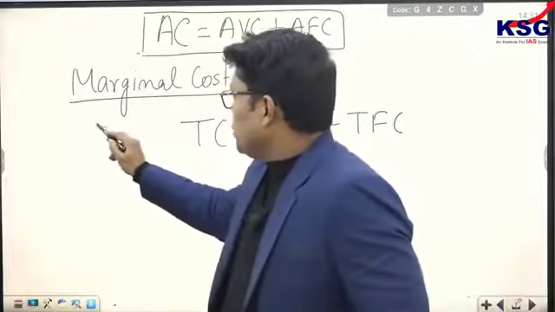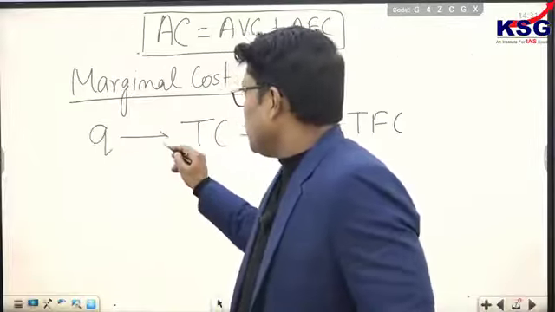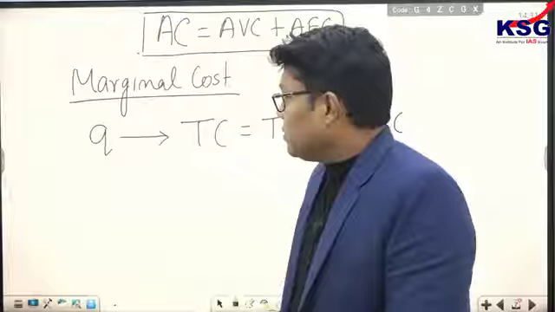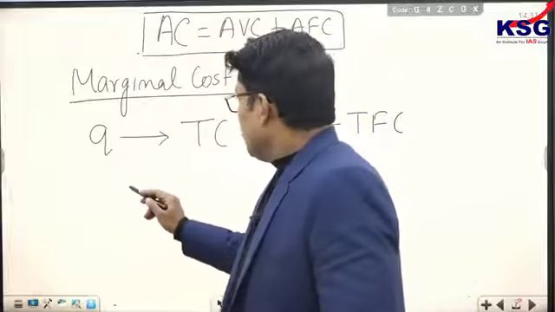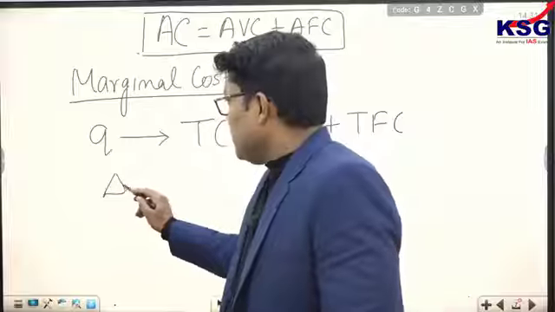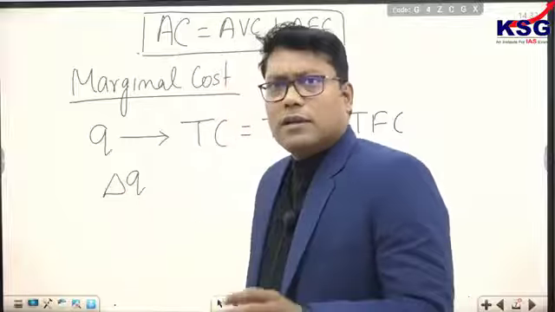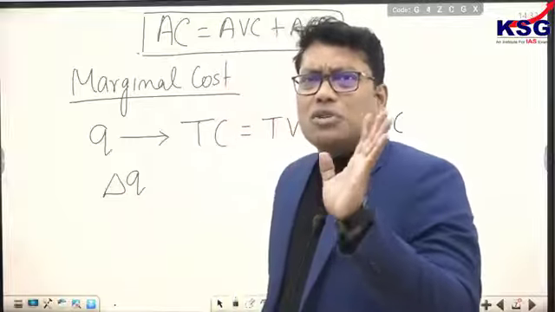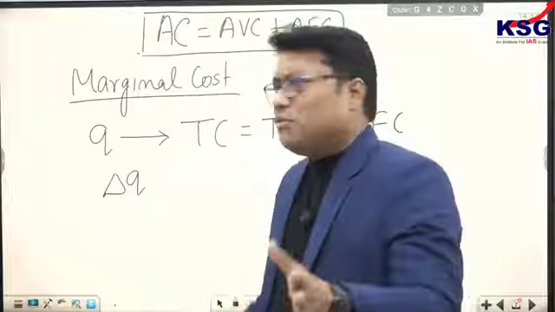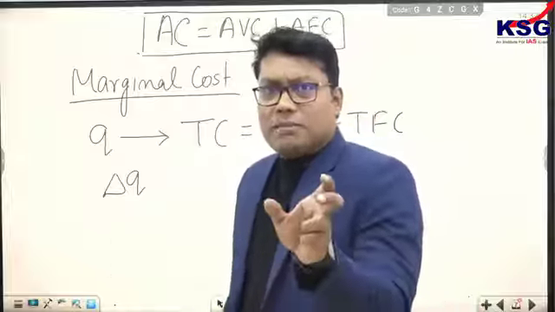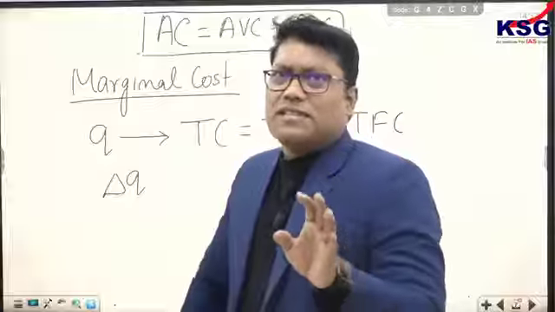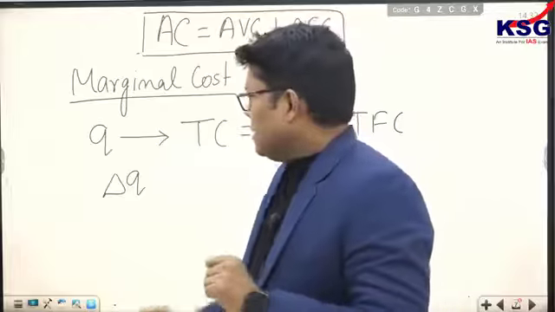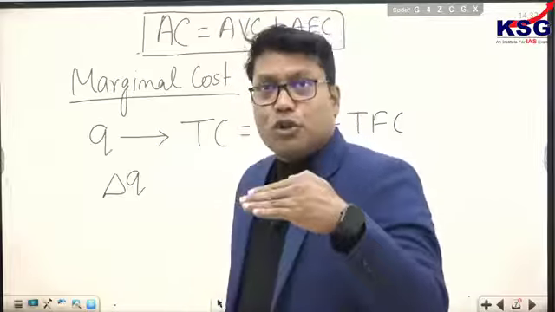Suppose you are producing Q amount of output, and you change the output by delta Q amount. Delta Q may be any amount, 10 units, 20 units, 30 units. Suppose delta Q amount, this much, you have increased.